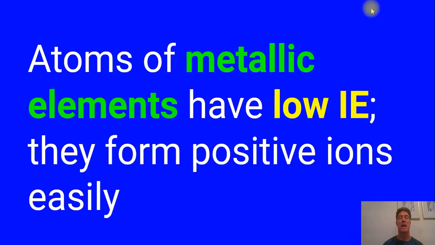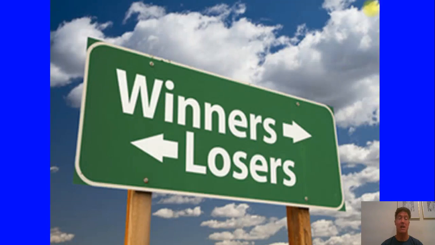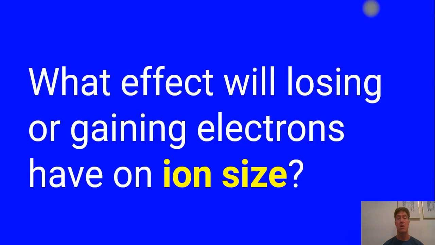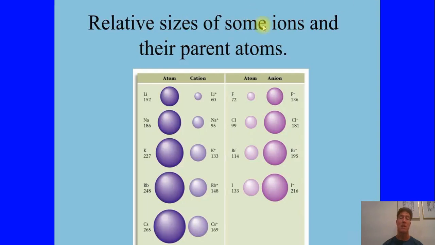What about trends in ionic size? Well, we know metallic elements have a low ionization energy because they love to form positive ions. Metals, they're electron losers. They love to give them up. Nonmetals are electron winners. They love to gain them. And what effect does that have on ion size? Well, let's just look. Here is neutral lithium.